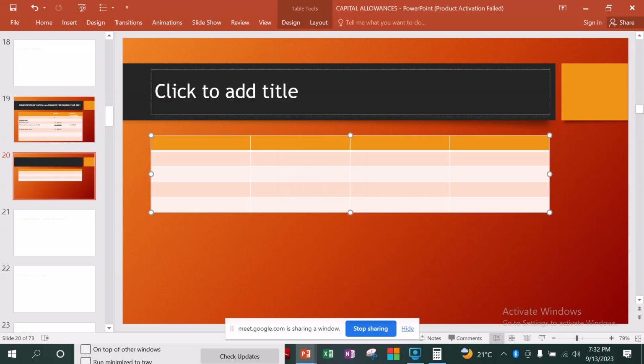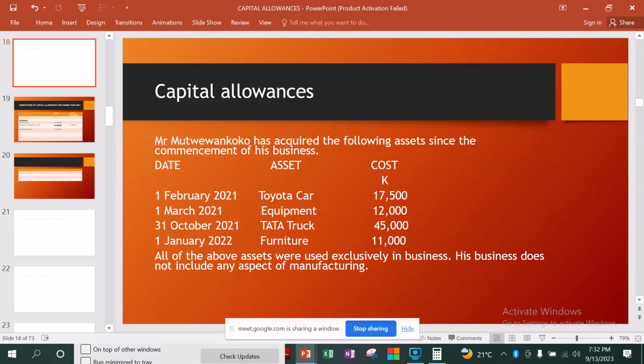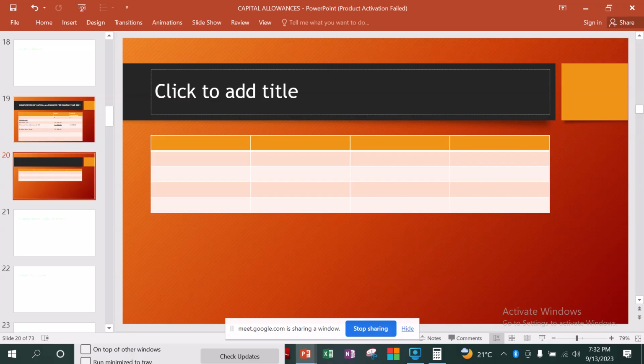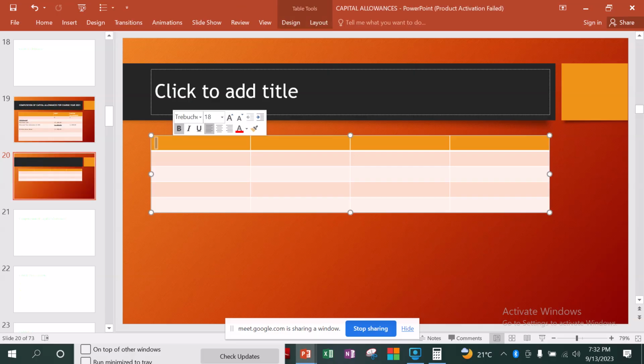Now this one is involving, look at in 2021 we had equipment. Equipment was at 12,000. So again, you come and itemize it. Now we are dealing with equipment.